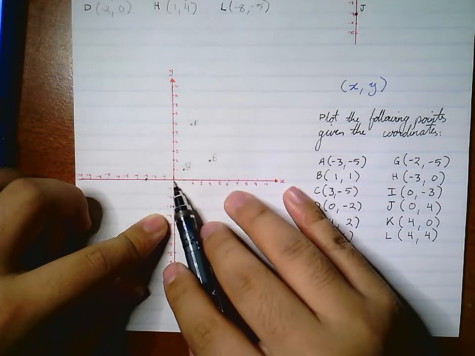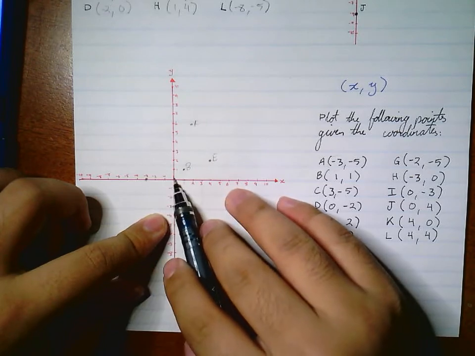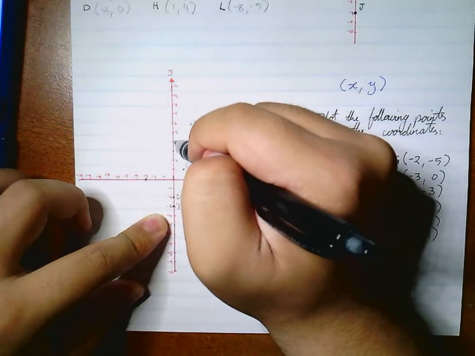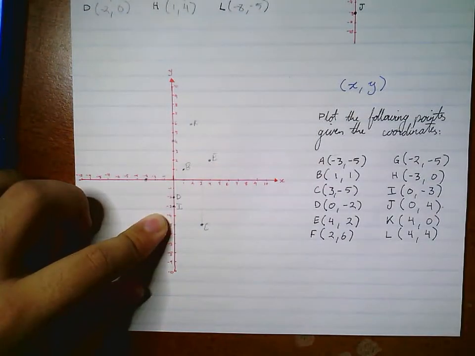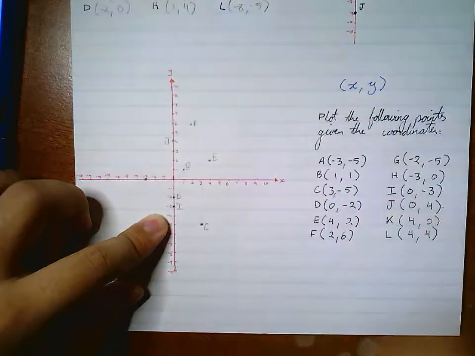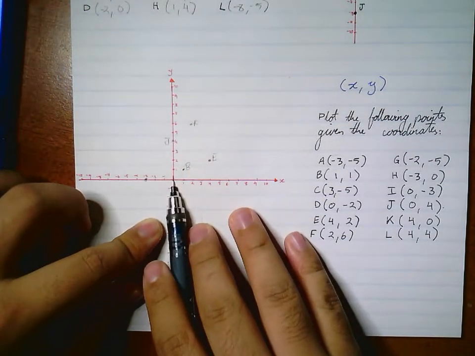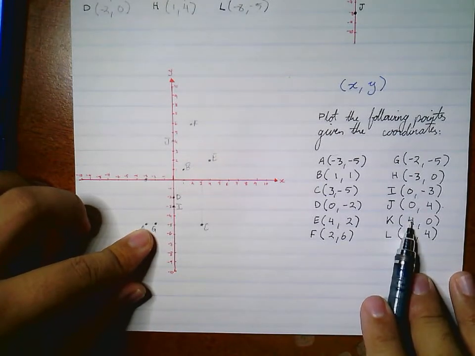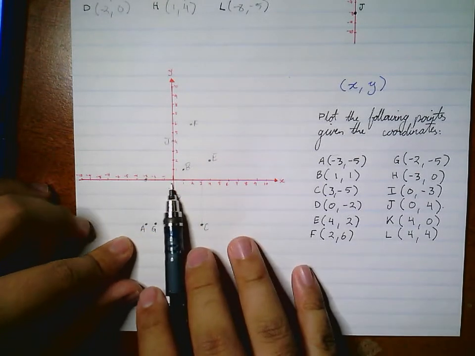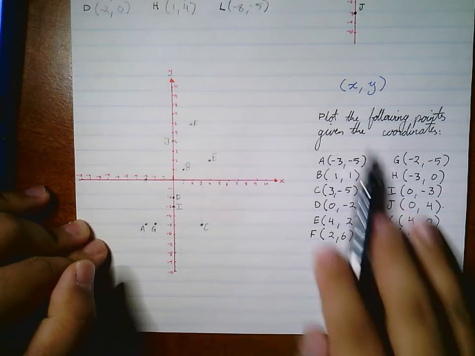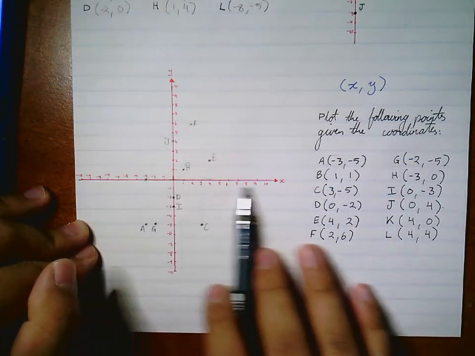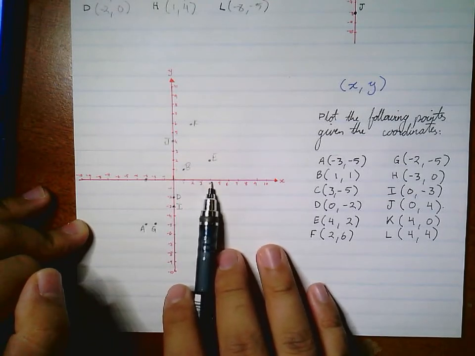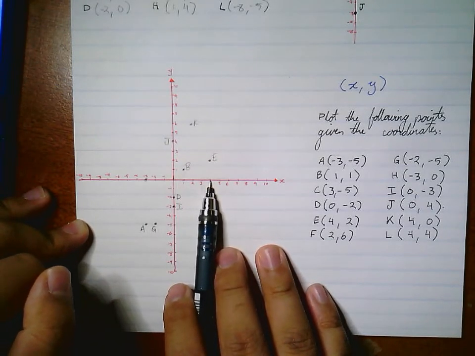Point J is 0, so we don't move left or right, then up 4. That there is point J. Point K is 4 first. So we move left and right because remember it's x first. This is the x-axis. We move 4 and don't move up or down.